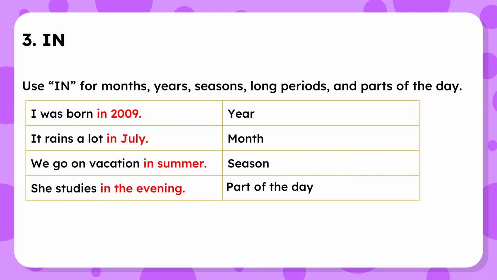Now, in the previous slides, a few minutes ago, we have seen "at evening" and "in the evening" both. When I'm talking about an exact particular time of the day, you will use "at evening".